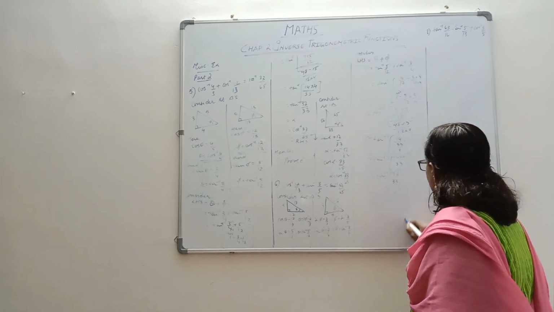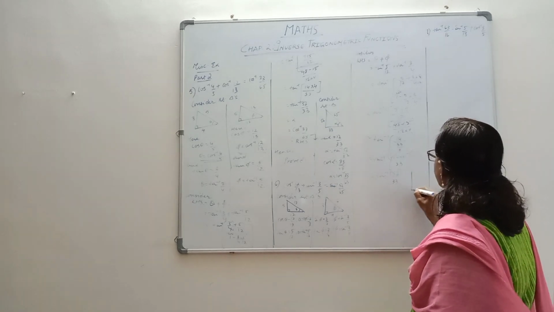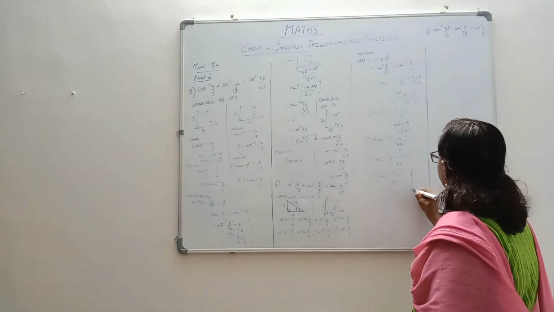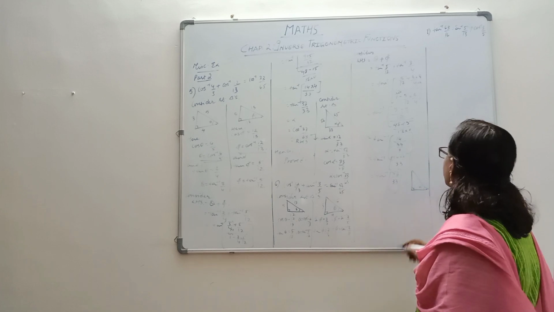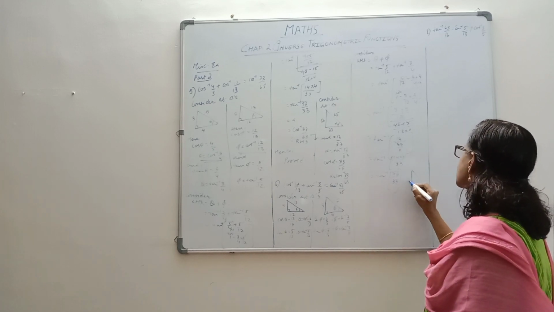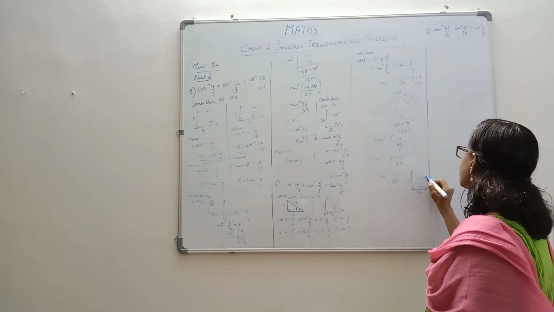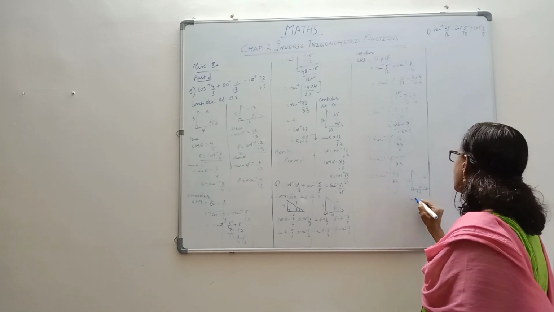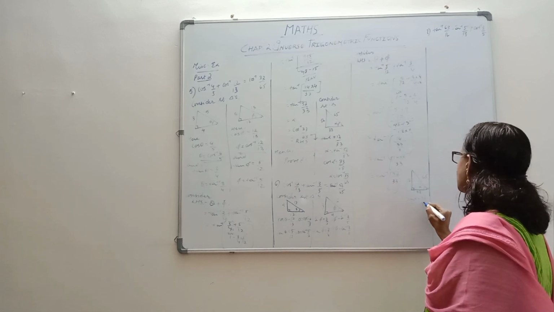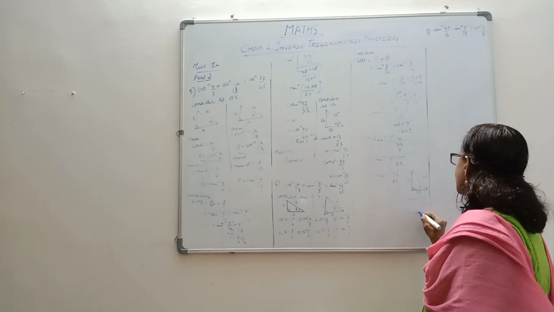You can consider the right triangle alpha with 56, 33 and 65. So tan alpha is 56 by 33. So alpha is tan inverse of 56 by 33.